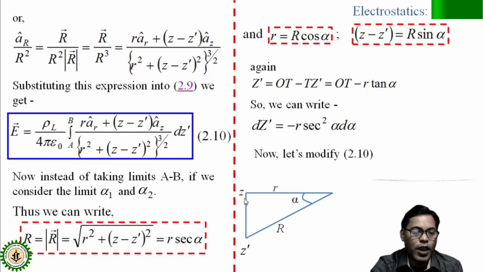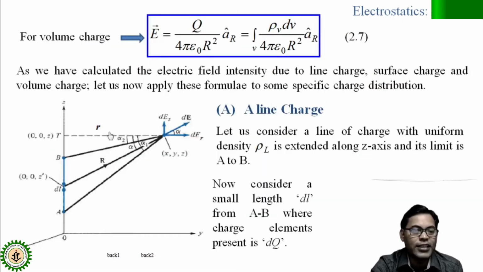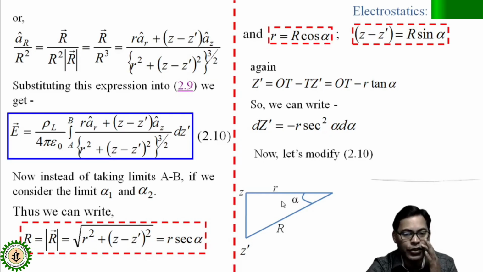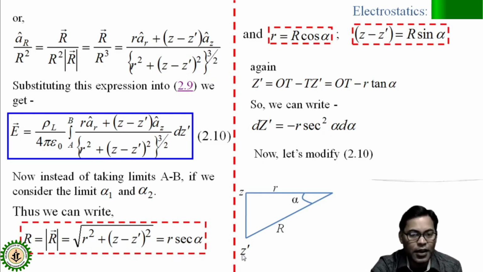Now how are we calculating this? We are replacing this expression by r sec alpha. You see that we have taken this triangle: this is the r, this is z, this is z prime, this is capital R, and this angle is alpha. If we consider small r by capital R, then it will be cos alpha.